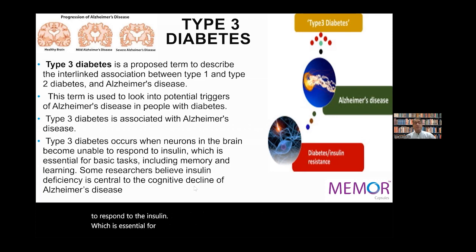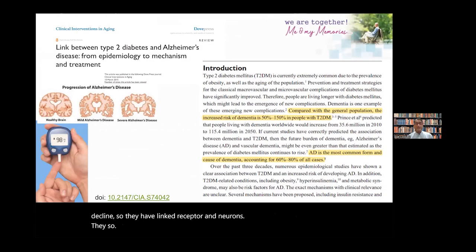Some researchers believe insulin deficiency in the central nervous system can lead to cognitive decline. So they have linked receptors and neurons, and the link between type 2 diabetes and Alzheimer's disease from an epidemiological mechanism was introduced.